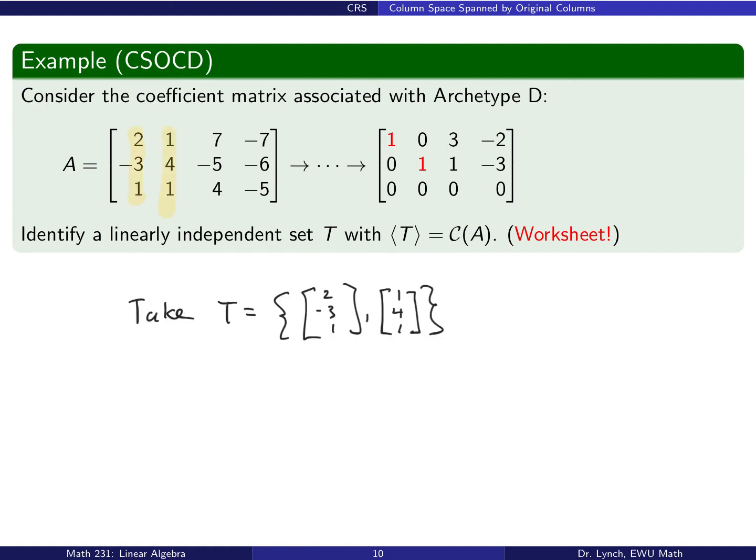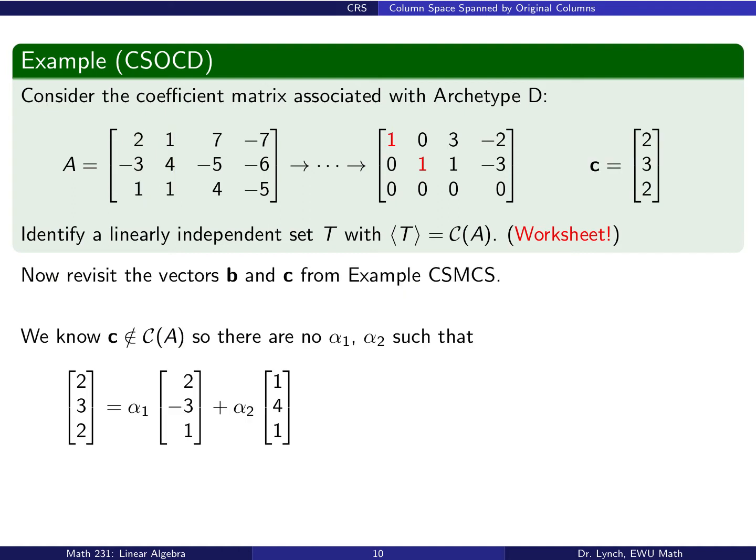If we apply theorem BCS to this example, we would keep the first and second columns of the matrix A, and those would be the linearly independent set such that the span of that set is the column space of A. I'll have you verify this, but if we try to find alphas, alpha 1 and alpha 2, such that the vector 2, 3, 2 is a linear combination, we know there are no such alphas, and we can show that this linear system is inconsistent.